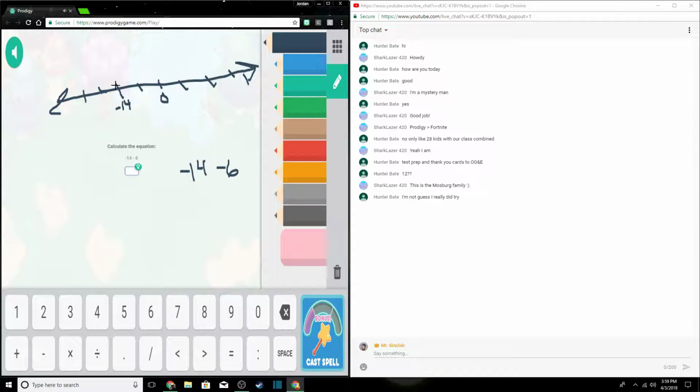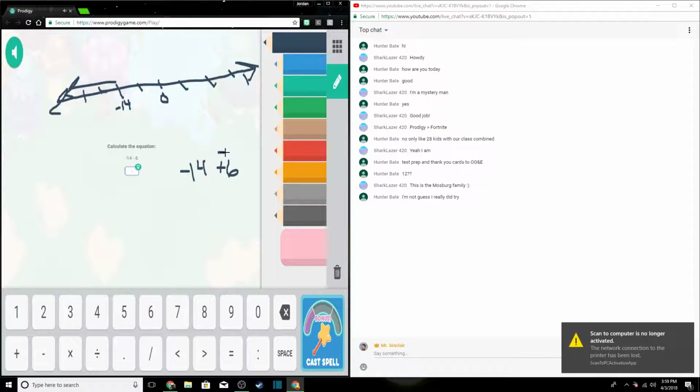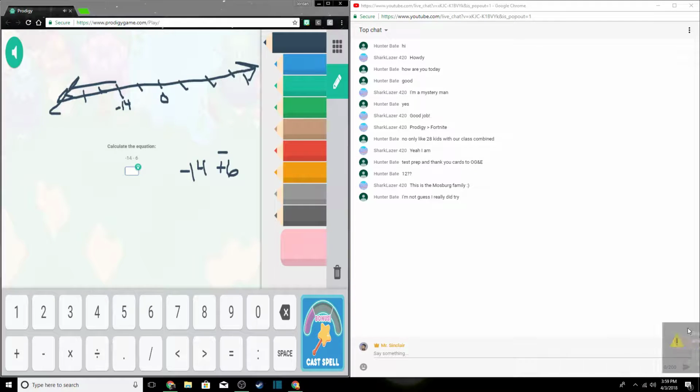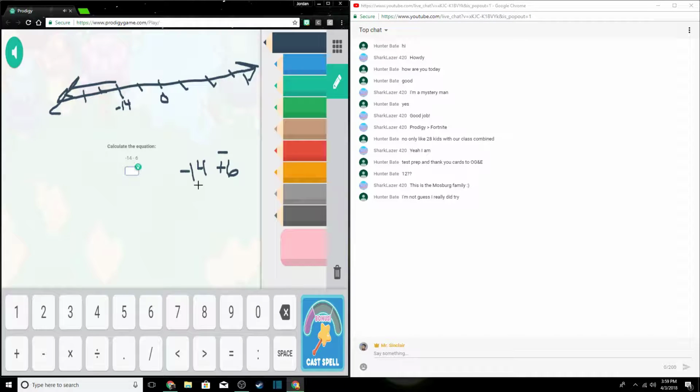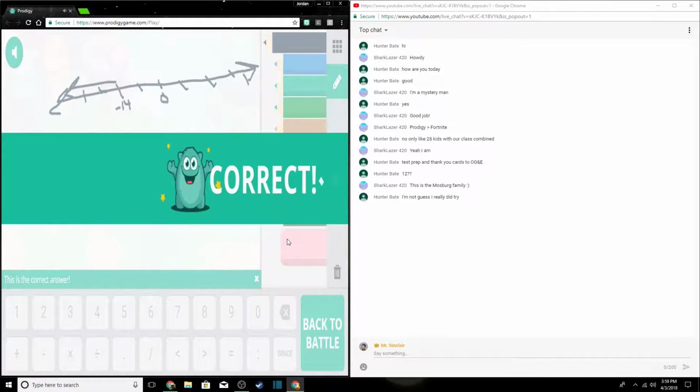If I want to minus it by 6, I would just be going backwards because I'm subtracting. So instead, what we're going to be doing is adding negative 6 to this. You like this? That's cool, right? So it's going to be negative 20. So I'm putting negative 20.